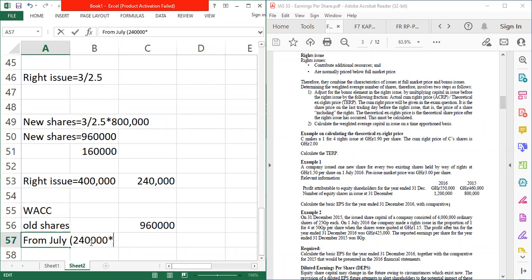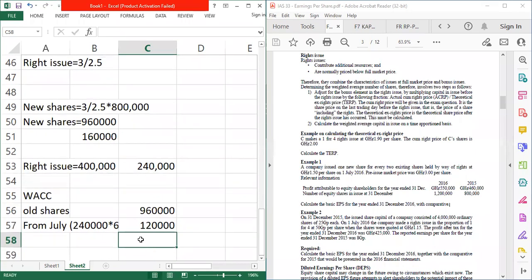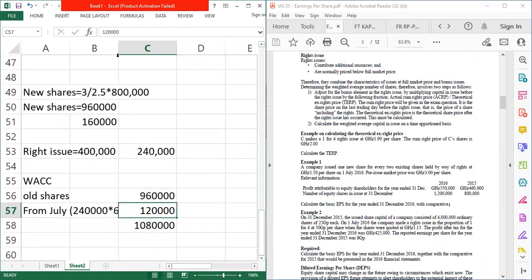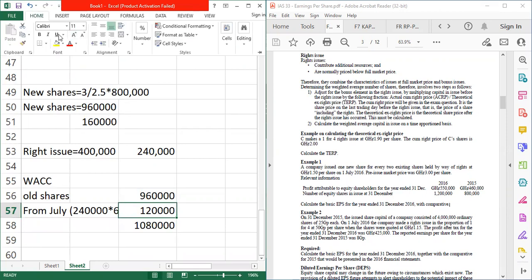Multiply by 6, so 6 over 12. So what are we going to have? 120,000. So what will be the total now? 1080. So this 1080 now is the weighted average number of shares that we have for 2016.